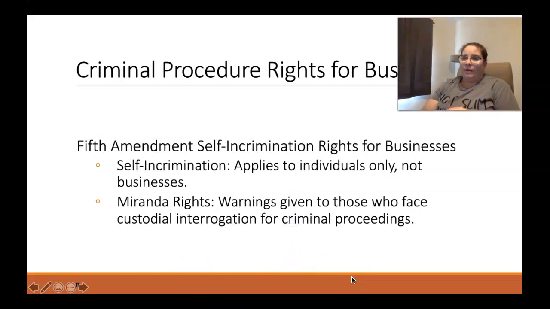The Fifth Amendment, however, does not apply to businesses because it only applies to people, right? So only a person can self-incriminate. Therefore, the Fifth Amendment does not apply.